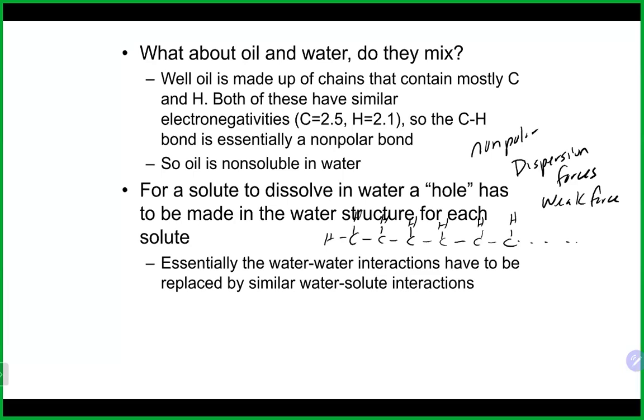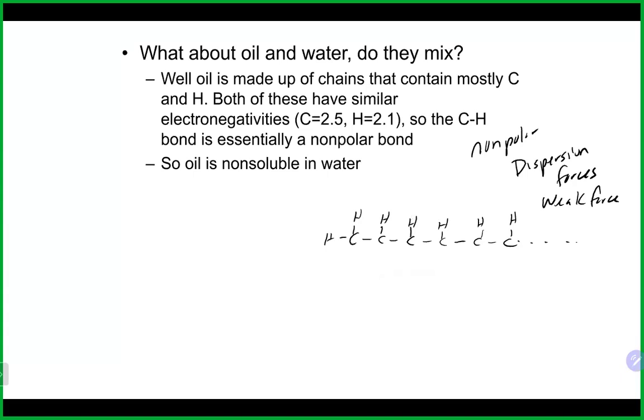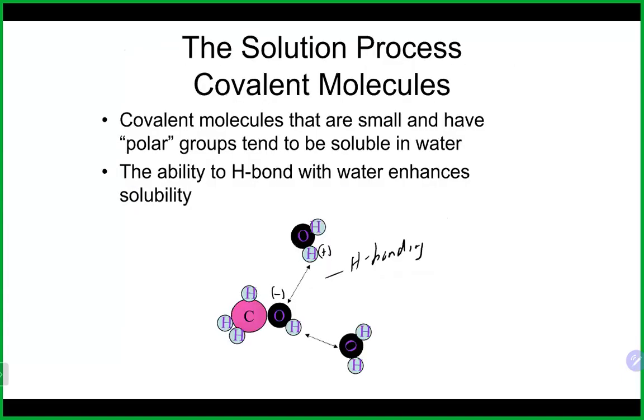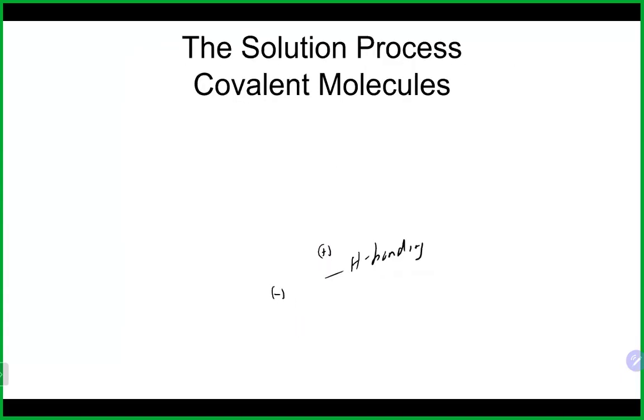What I mean by that is if we look at a nonpolar molecule, it is essentially a neutral molecule. It has no negative side, it has no positive side, which makes it really problematic when it wants to interact with somebody else because it has no way to do that.